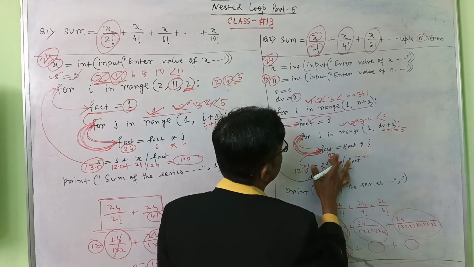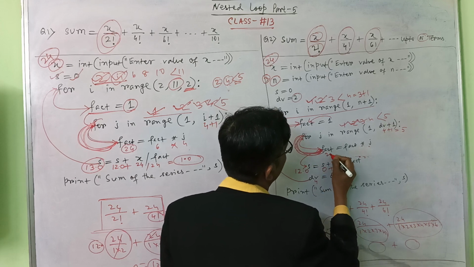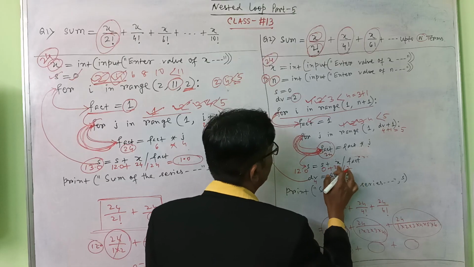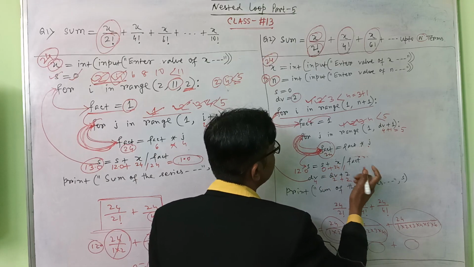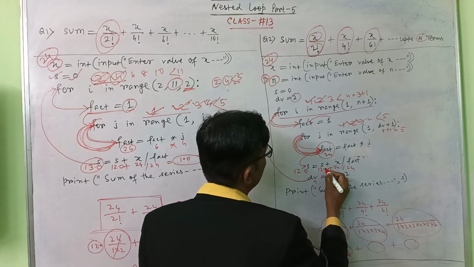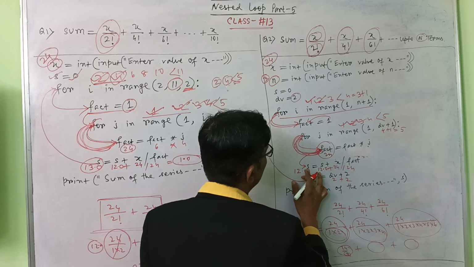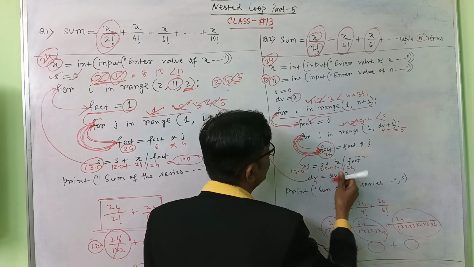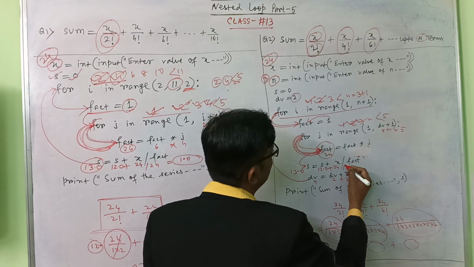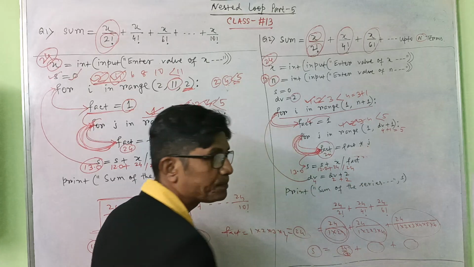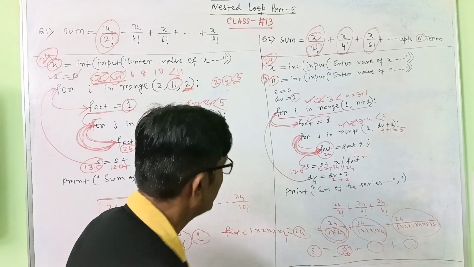That means how much are you getting? 24. So this time x value is 24, and s was how much? 12.0. So this time you are getting total calculation 13.0. 24 divided by 24 means 1. 12 plus 1 is 13.0. You can understand, I think.